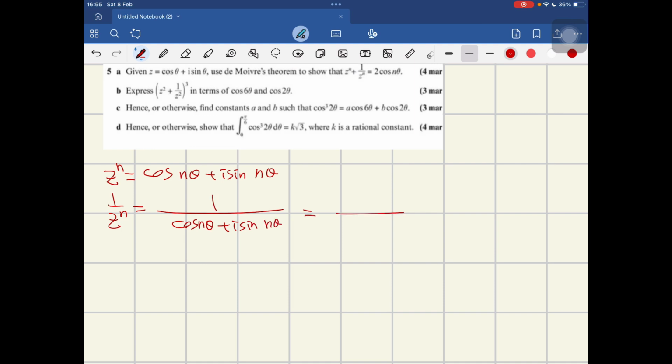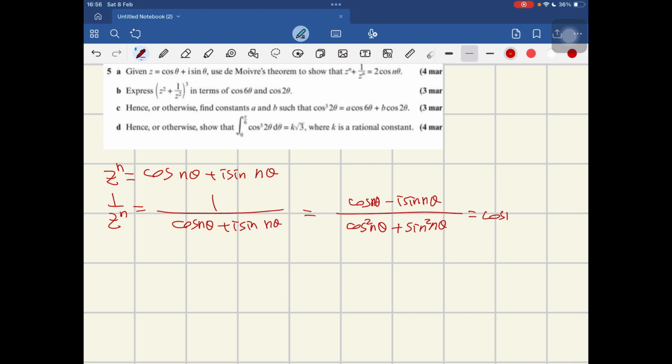When we multiply by cos n theta minus i sin n theta on both sides, this is the product of a sum and a difference, so it's the difference of two squares. Squares minus squares turns to plus because we have i squared, and sin squared plus cos squared is 1.